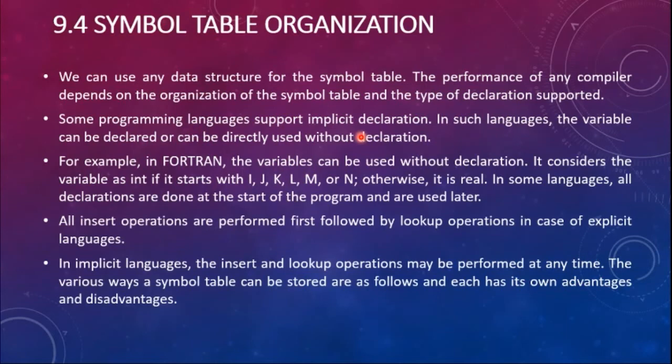That means in the symbol table organization for implicit languages, without declaring a variable, we can directly use that variable for performing operations. For example, Fortran. Not exactly Python, but in Fortran we can use a variable without any declaration.